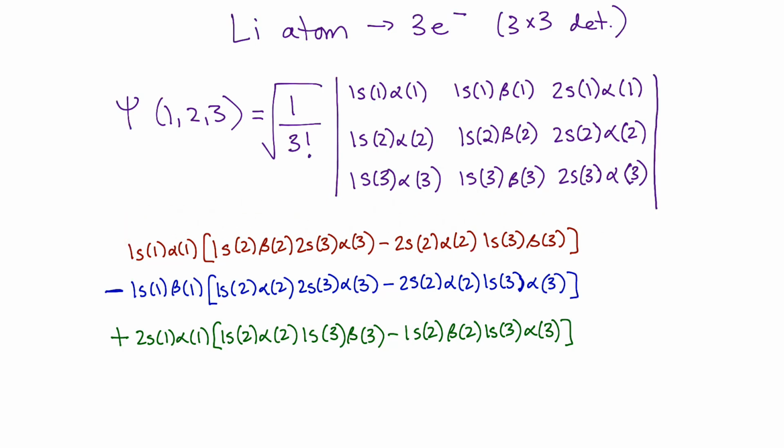So again, just to walk you through how to do that, let me stick with my color coding here. We have our signs, basically like this. So we're going to have a positive term for that first set of functions.